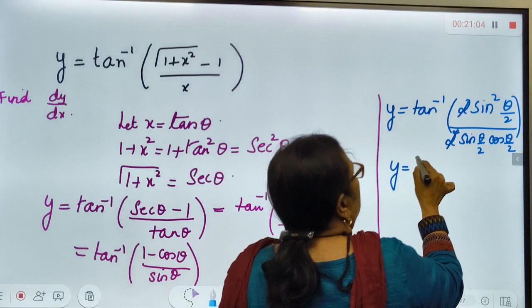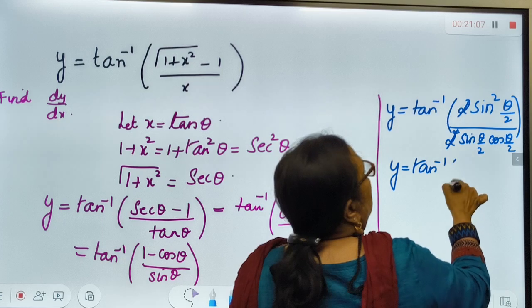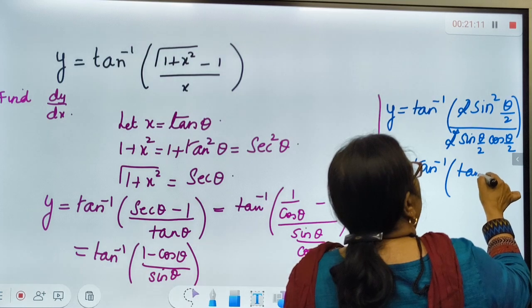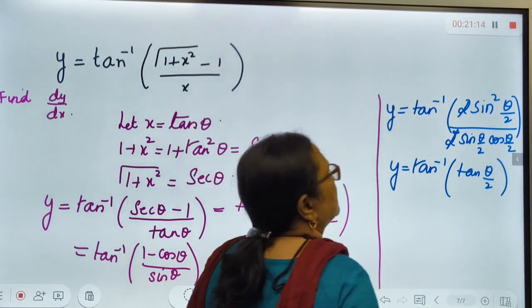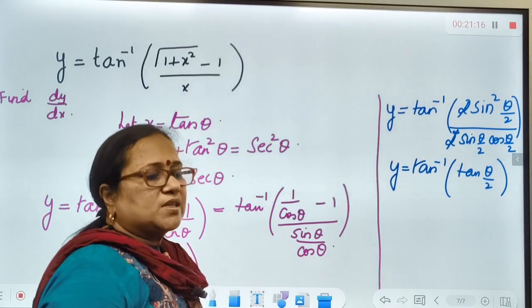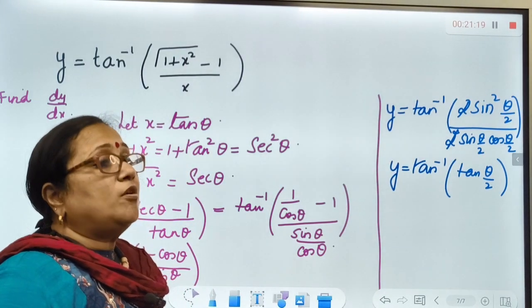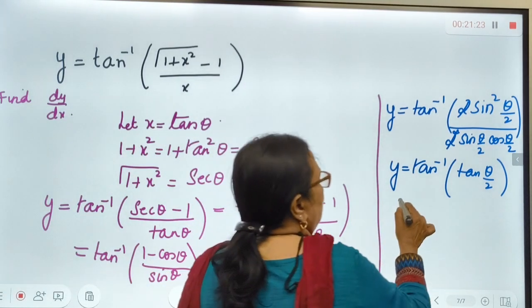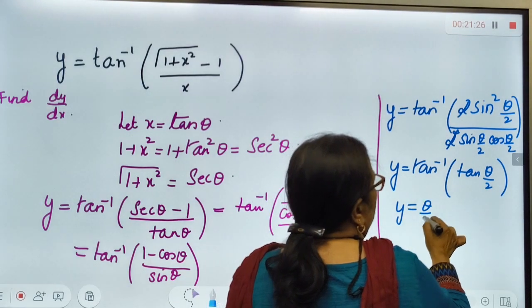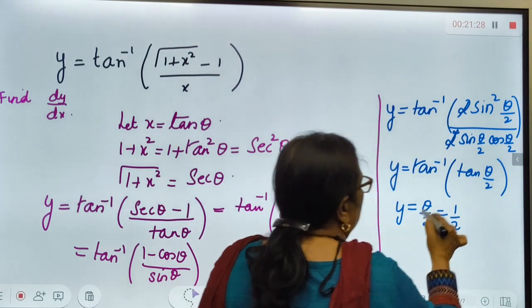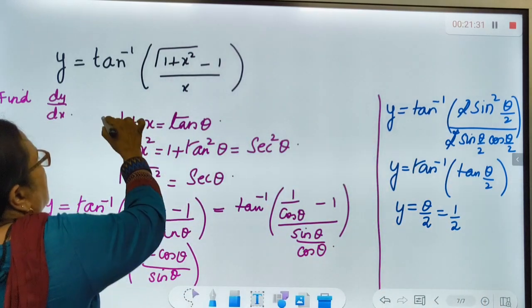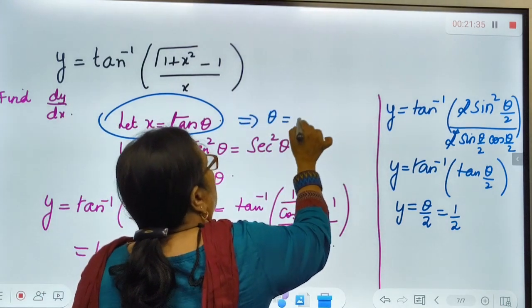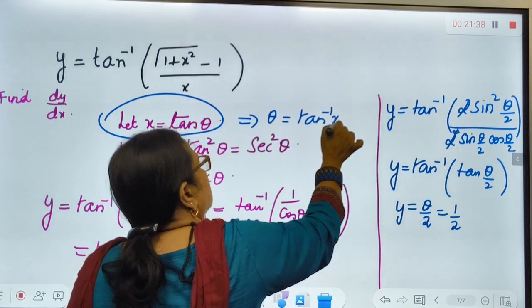So y equal to tan inverse of, the 2 sin theta by 2 gets cancelled, giving you sin theta by 2 by cos theta by 2, which is tan inverse of tan theta by 2. So y equal to theta by 2, which is half into theta. Theta is tan inverse x, which implies theta equal to tan inverse x.